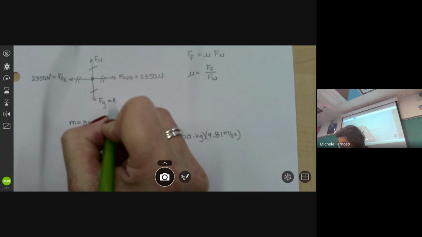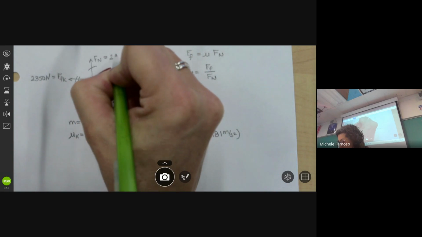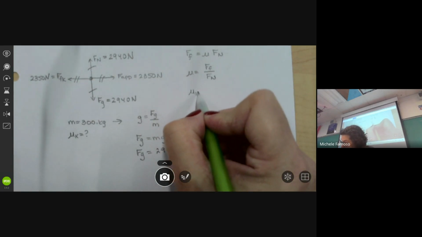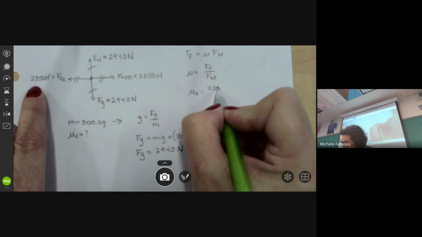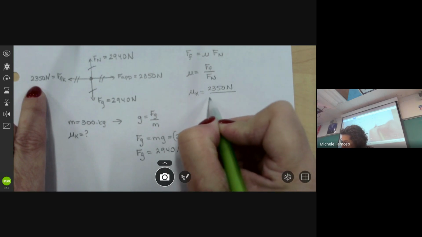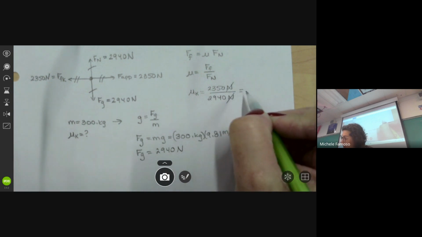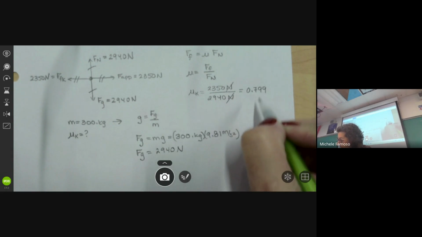I'm now going to put that here, which means the normal force is also 2,940 newtons because those two forces are balancing. Now I can go ahead and plug into my coefficient of friction equation by taking 2,350 newtons and dividing by 2,940 newtons. The newtons are going to cancel, which leaves me an answer with 3 sig figs of 0.799.